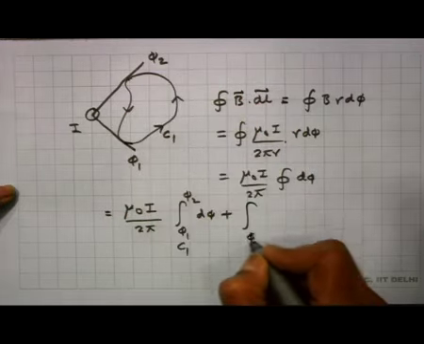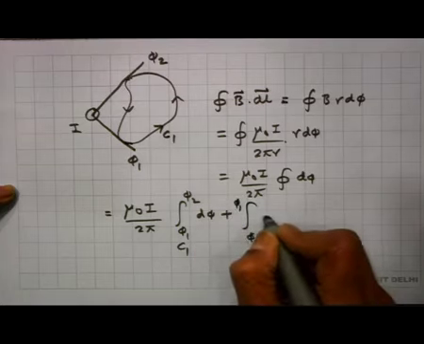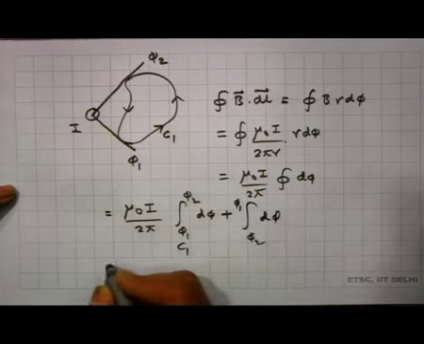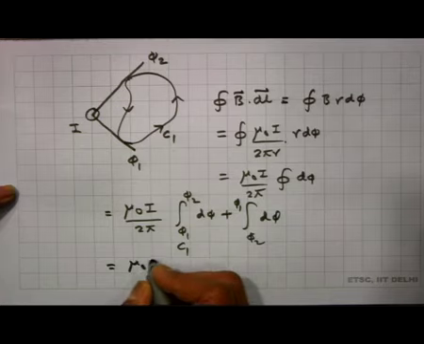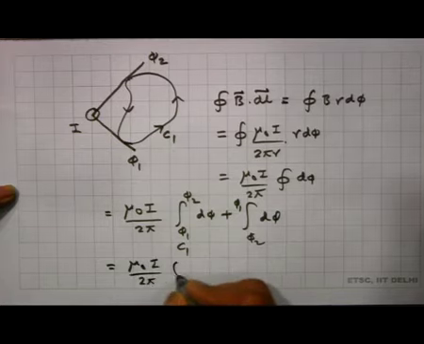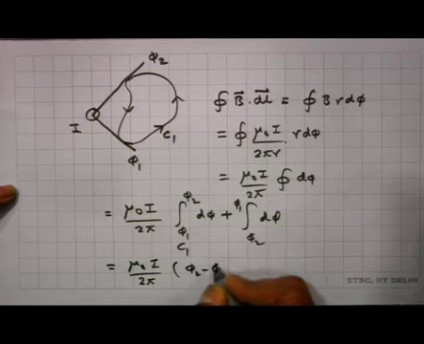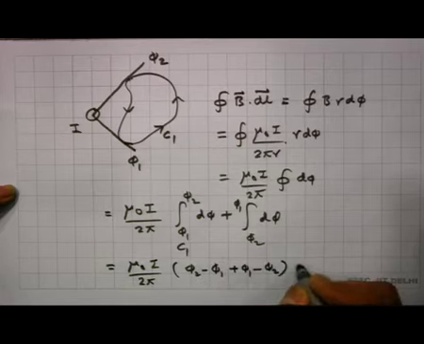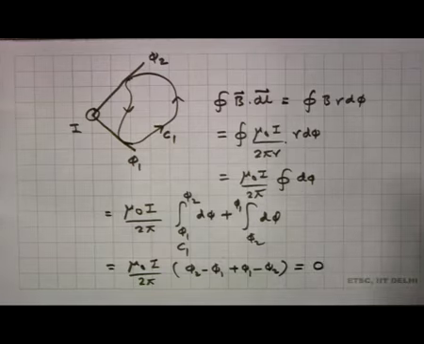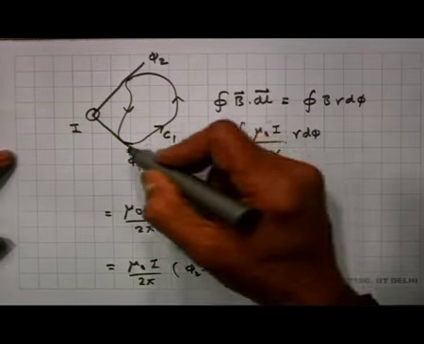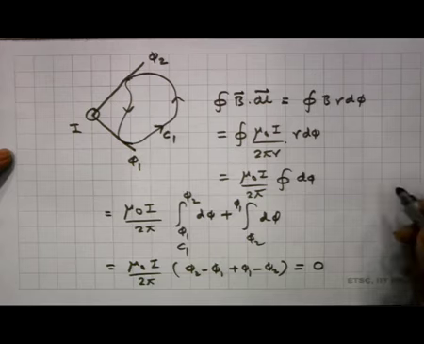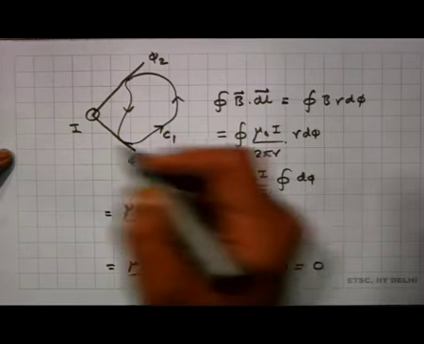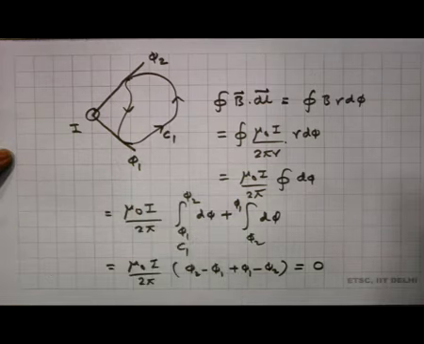So, phi 2 to phi 1 d phi, which is nothing but mu naught I by 2 pi, phi 2 minus phi 1 plus phi 1 minus phi 2, which is equal to 0. So, integral B dot dl along this closed path, which does not enclose the current carrying conductor, happens to be 0.